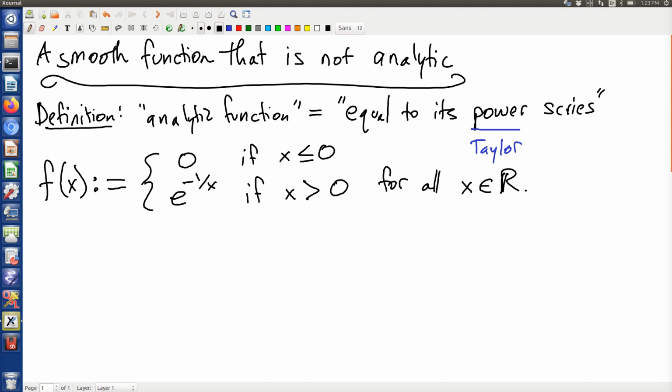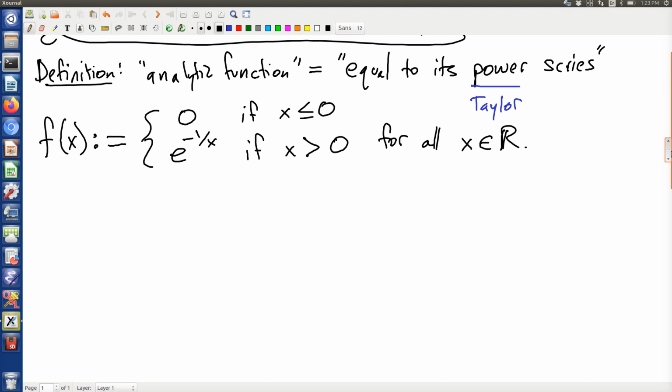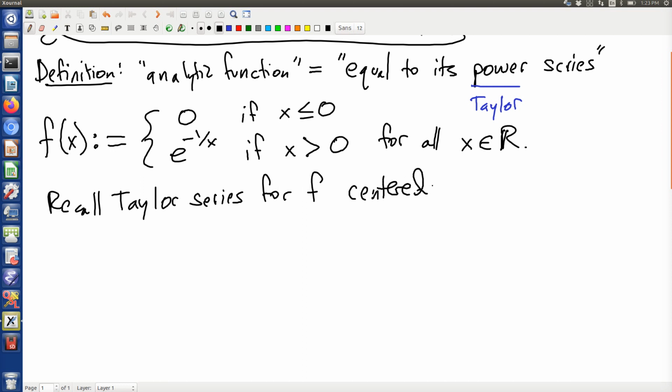So first of all, let's figure out what its Taylor series might be. Well, an easy way to find that is to use the Taylor series expansion. Recall, the Taylor series for f centered at x naught is, well, it's this infinite sum.